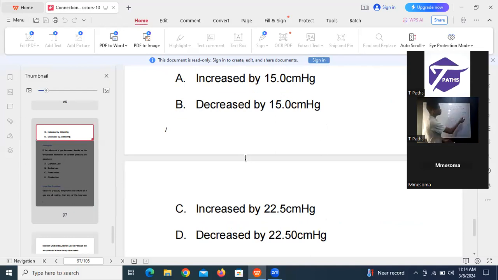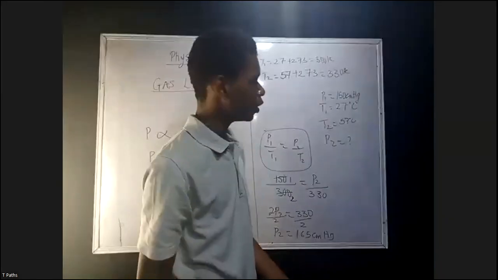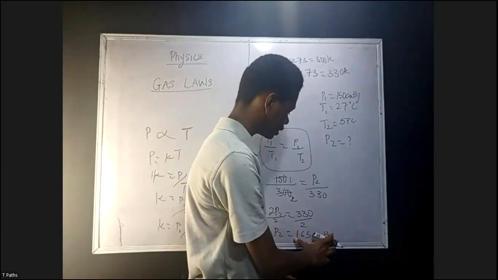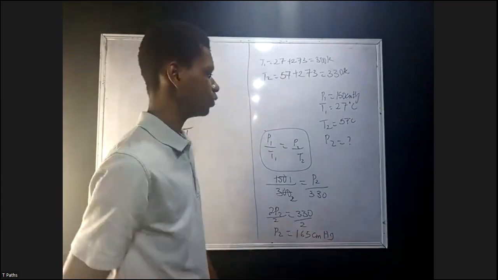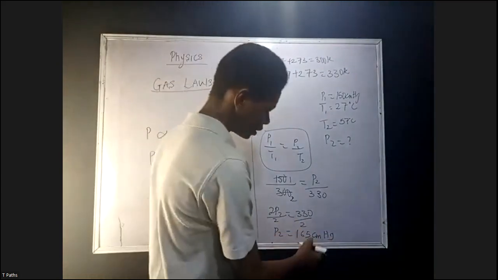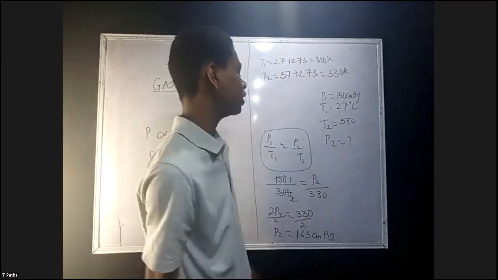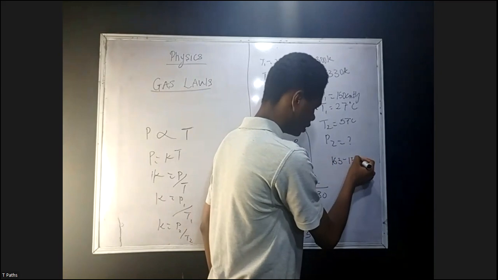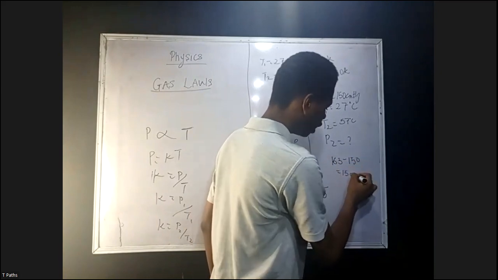No. So now in the morning, my pressure was 150 centimeter of mercury. Now in the afternoon, it is 165 centimeter of mercury. As you can see, the pressure has increased by 15 centimeter mercury. How do I know? I'm simply subtracting 150 from 165, and this gives me 15 centimeter of mercury.